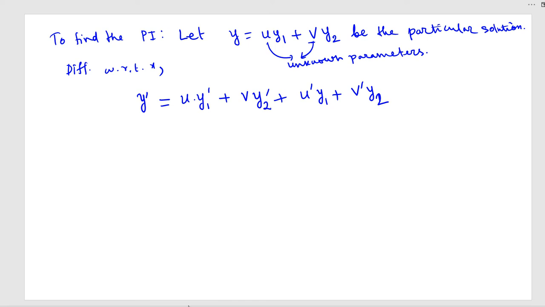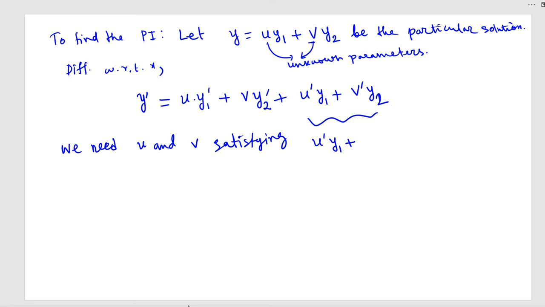We want this portion, u dash y1 plus v dash y2, equals to 0.